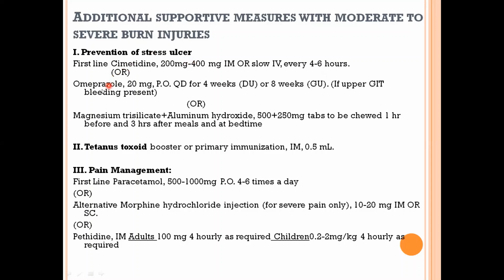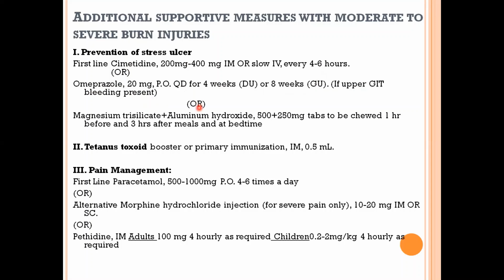Or you can go with oral omeprazole 20 mg 4 times a day for 4 weeks for duodenal ulcer, 8 weeks for gastric ulcer. If there is any GI bleeding, it's better to go with pantoprazole intravenously.